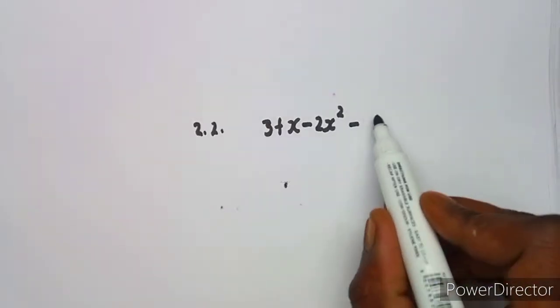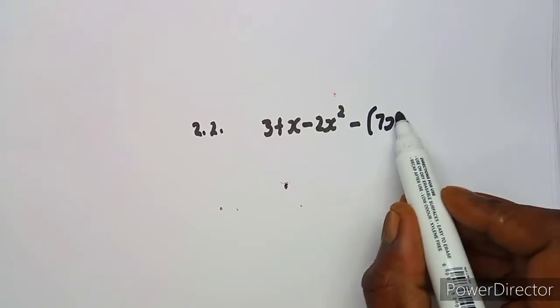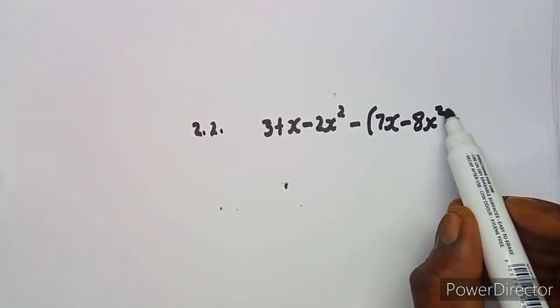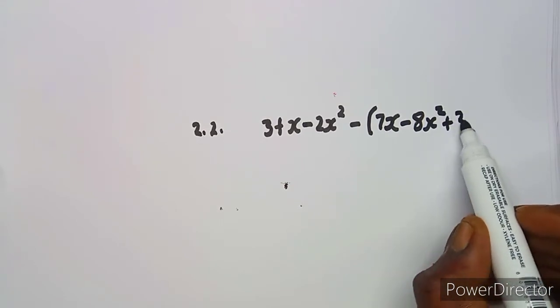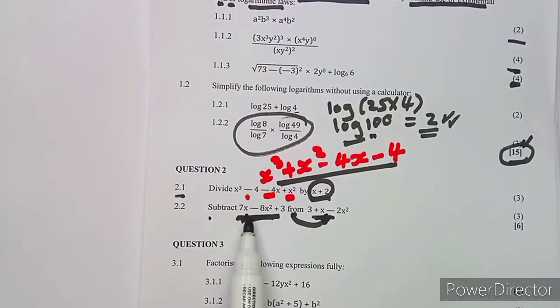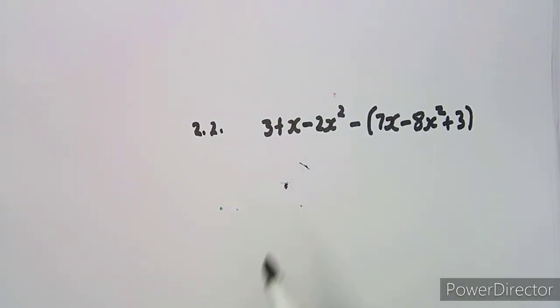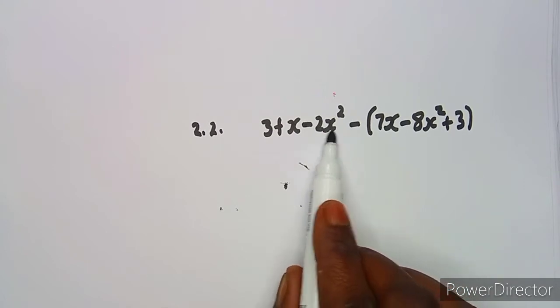Okay, so it's minus, open bracket there, write everything as it is, minus x squared plus 3 like this. So you write everything as it is here. This one, there's no need for you to write it in a bracket because it's the one that is subtracting another term, as the minus is going to affect here, not this part.